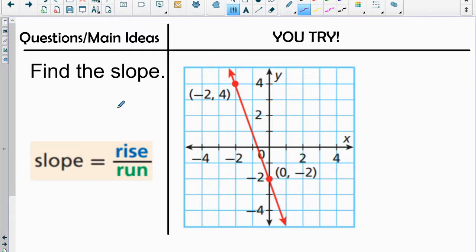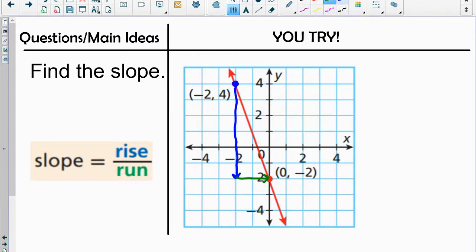Let's start by calculating the rise. If we start at the point furthest on the left, -2, 4, my rise is actually if I go down to the level of the other point. My run is when I go over horizontally to the other point.